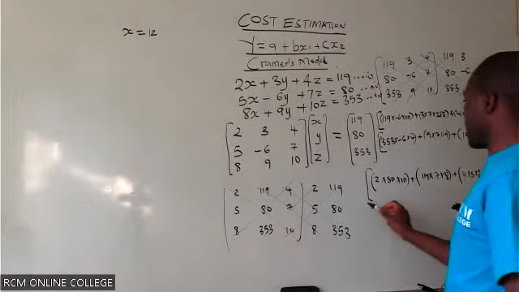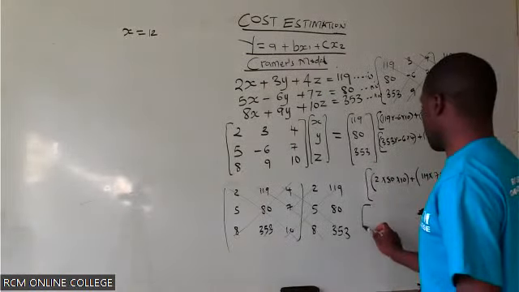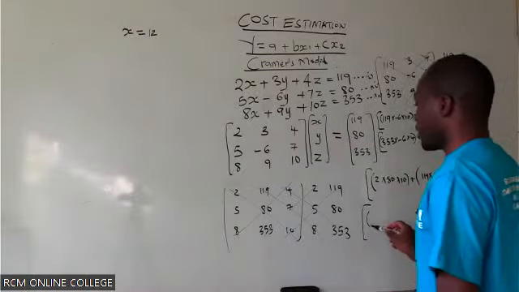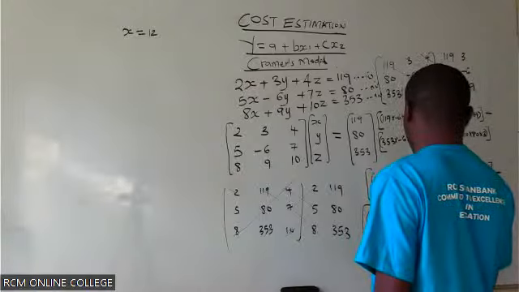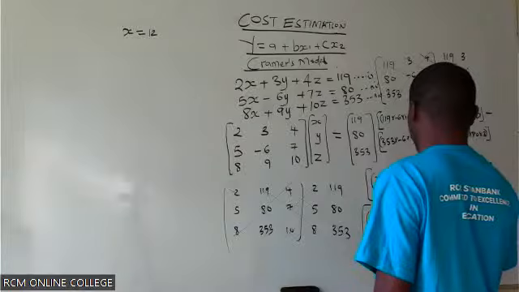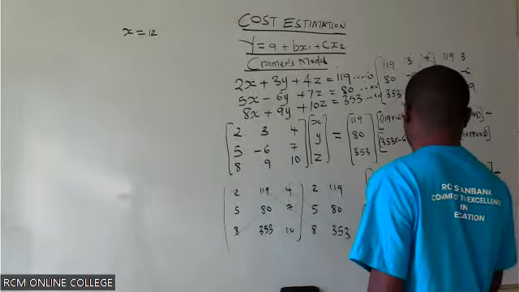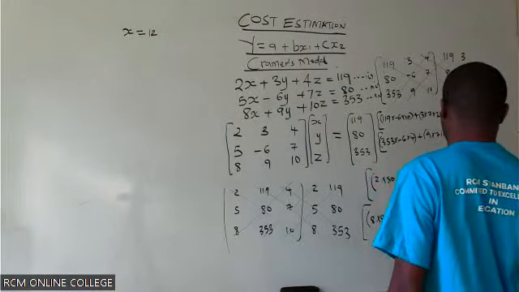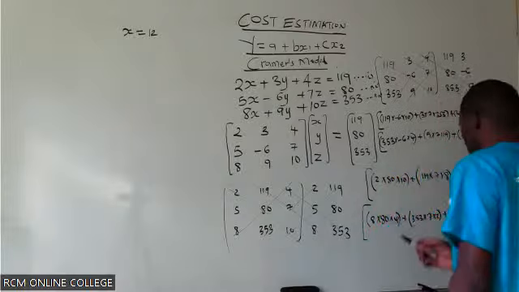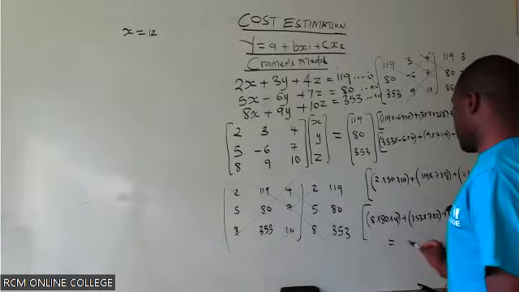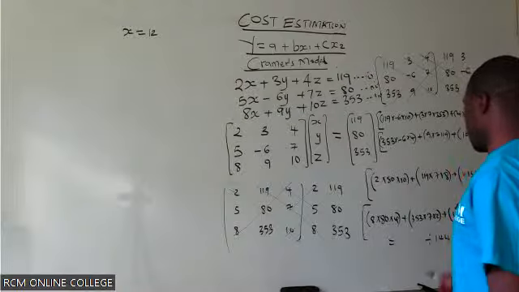The whole of that minus 8 by 80 by 4, 353 by 7 by 2, 10 by 5 by 119. And the whole of that result you're going to divide by 144, which was the determinant.